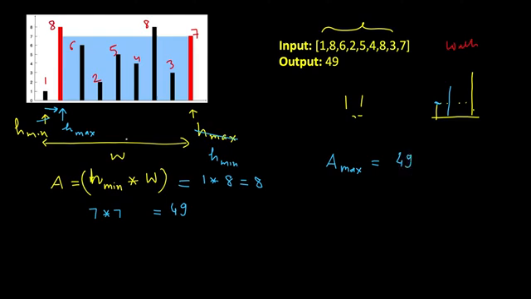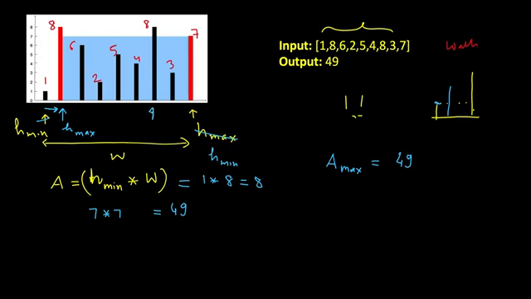Now we will repeat our argument. There is no point in moving the maximum because you will be decreasing the width, and the only way you can increase the area is by increasing your minimum. So we look for the next bar which is to the left of this min and higher than this. We reach here.